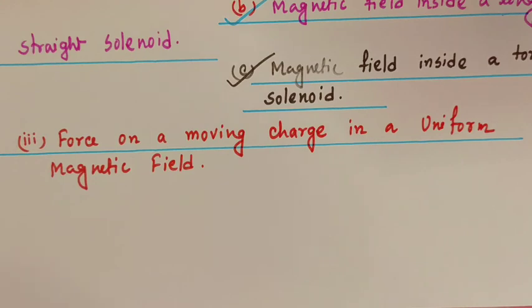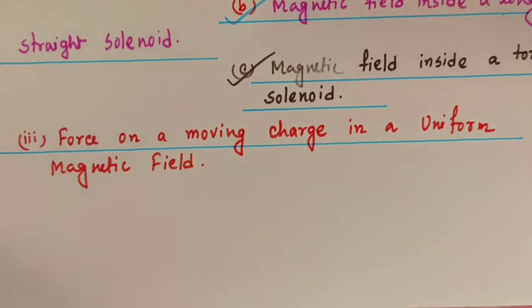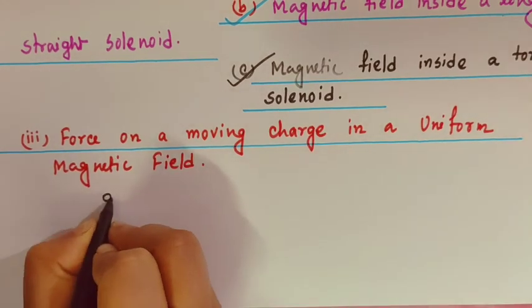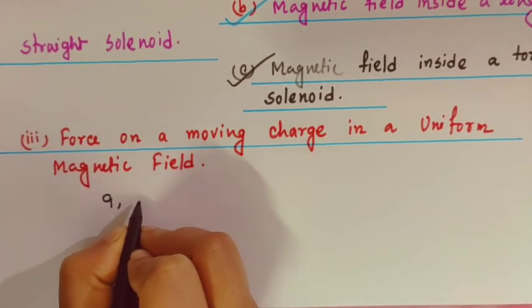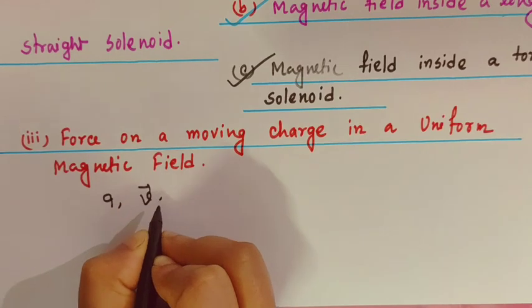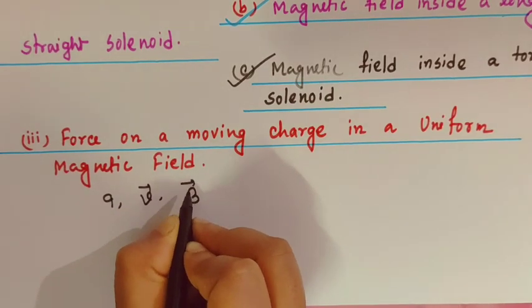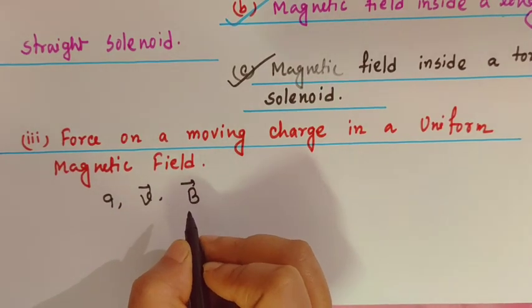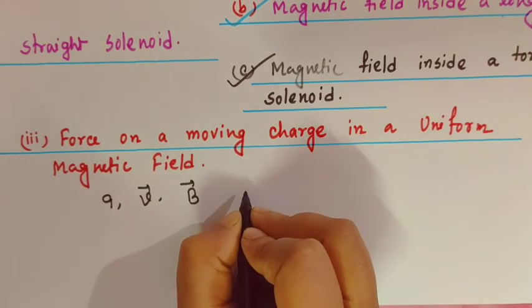Okay, so our last topic is force on a moving charge in a uniform magnetic field. Experiments show that a charge Q with a velocity v in a magnetic field B experiences a force generally known as the magnetic Lorentz force.